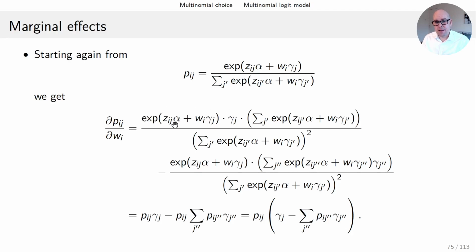This is exactly this expression here times the denominator. That's exactly this expression here, divided by the denominator squared minus, and this is just the numerator. And now it's getting interesting, because this is the derivative of the denominator with respect to wi.